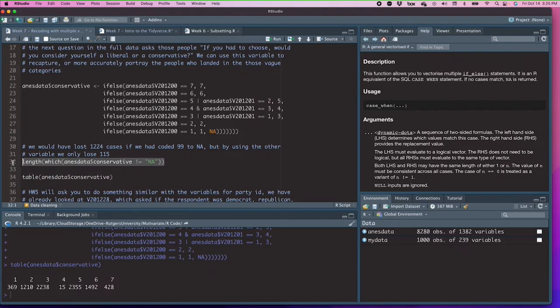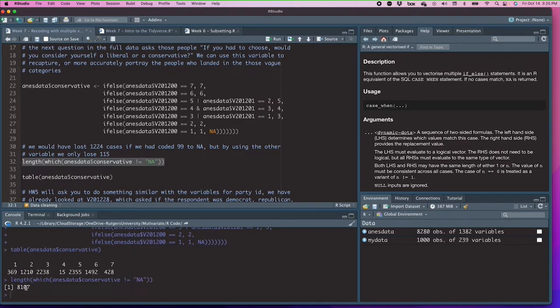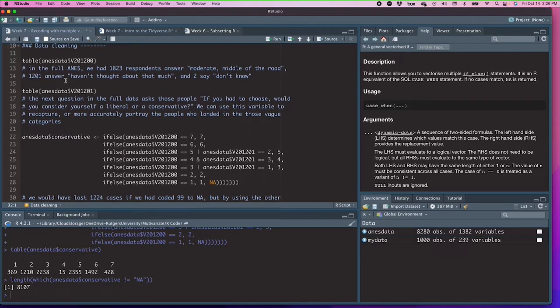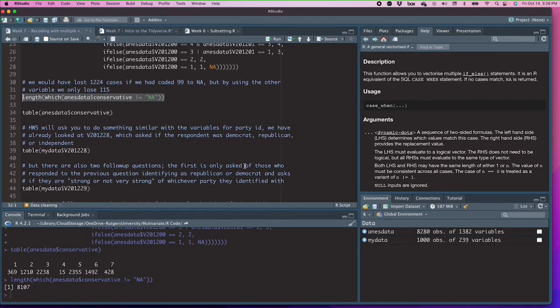And if we run this, we can see that we've got 8,107 cases that still have fallen somewhere on this spectrum, out of 8,280. So we're really only losing like 100 and some odd cases doing it this way, versus the 1,200 and some that we had before that hadn't thought about this as much. Or all of these 1,800 respondents that said they were moderate when really they ultimately chose a preference from one or the other.